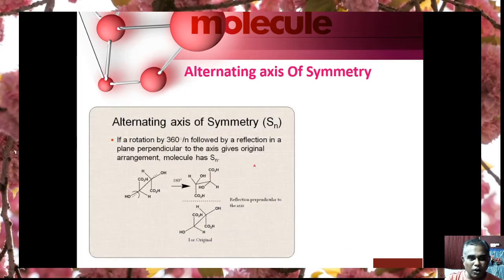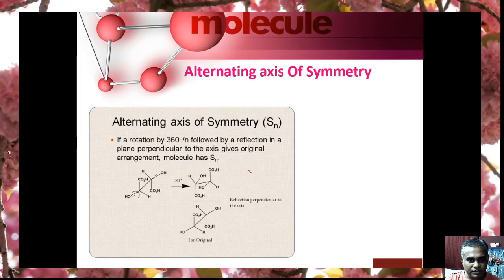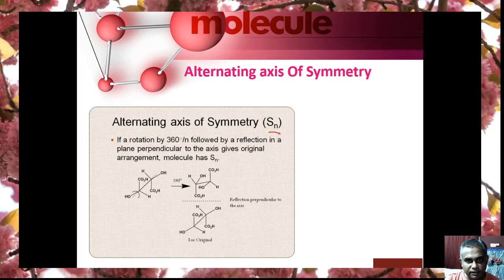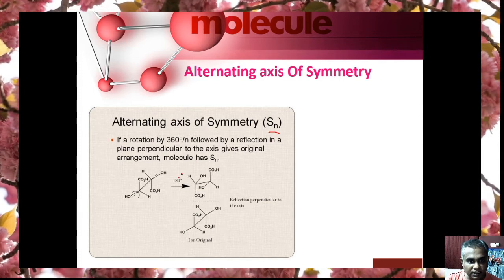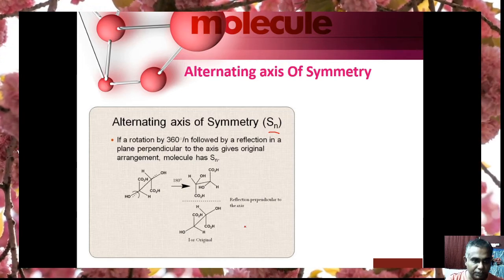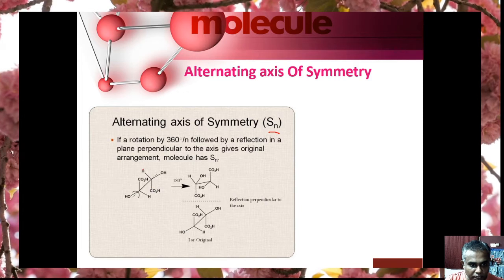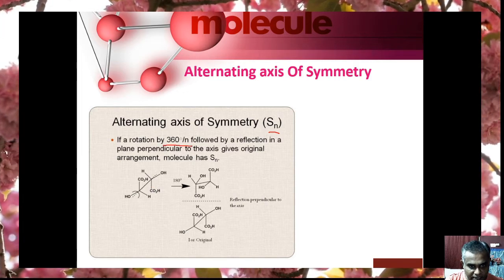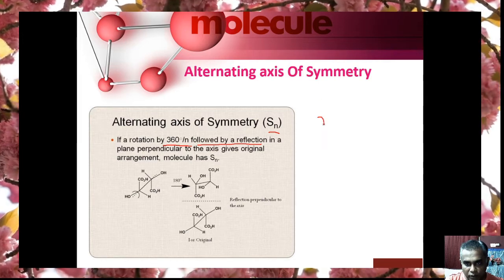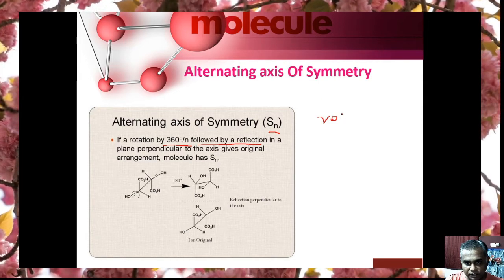And what is an alternating axis of symmetry? An alternating axis of symmetry is represented by the symbol Sn. In this case, we have to perform two operations. A rotation by 360 by n is followed by a reflection, so we have to do a rotation first.